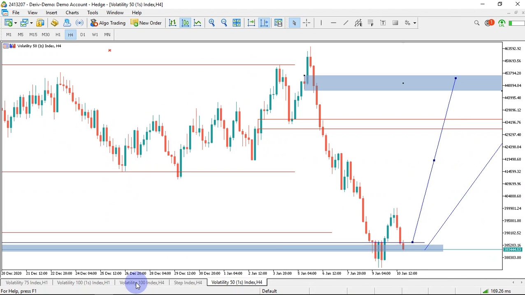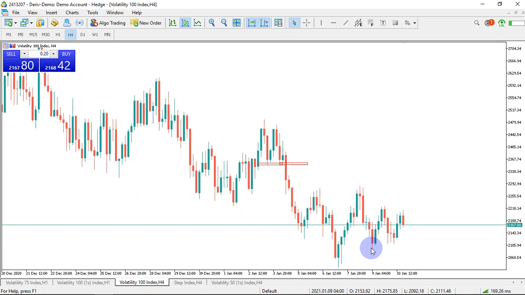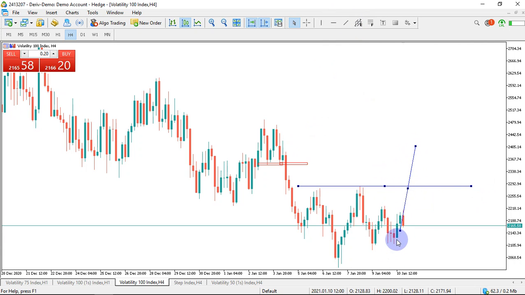Let me see, do I have something on Volatility 100? This has been a long downtrend, and I would love to see it break this resistance into this level, something like this, before we continue the downtrend.